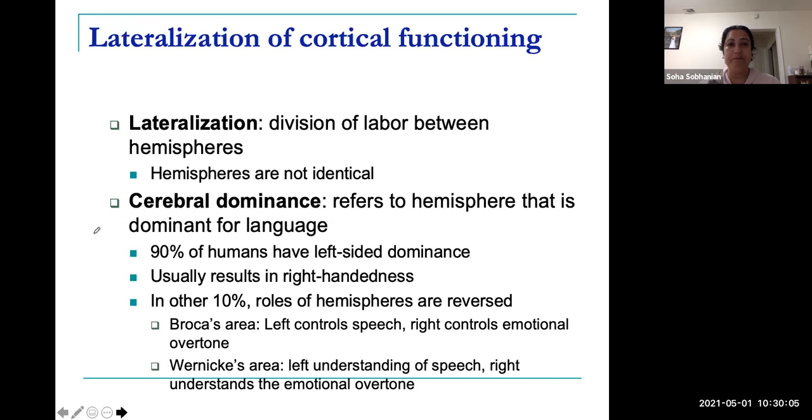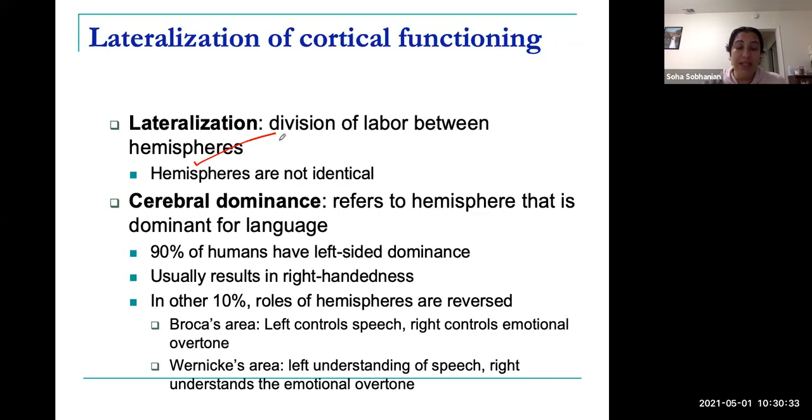Okay. So we already talked about lateralization, that right hemisphere does this, left hemisphere does that. A lot of you may have heard of the concept of cerebral dominance. This is basically which hemisphere of your brain is related to your language.